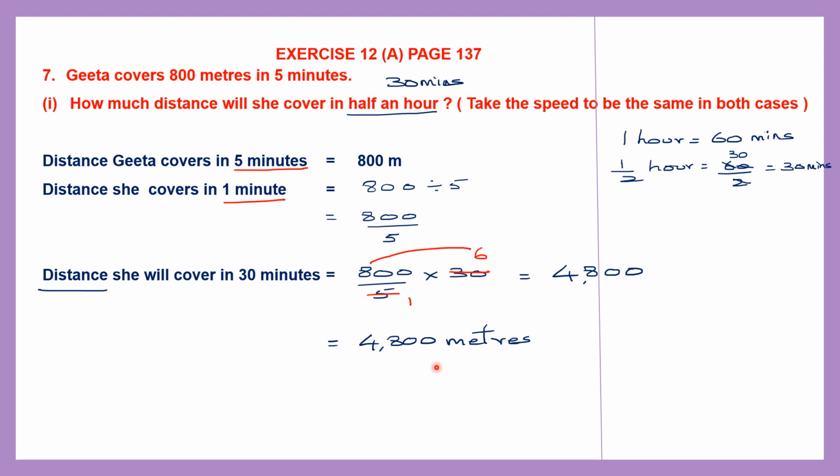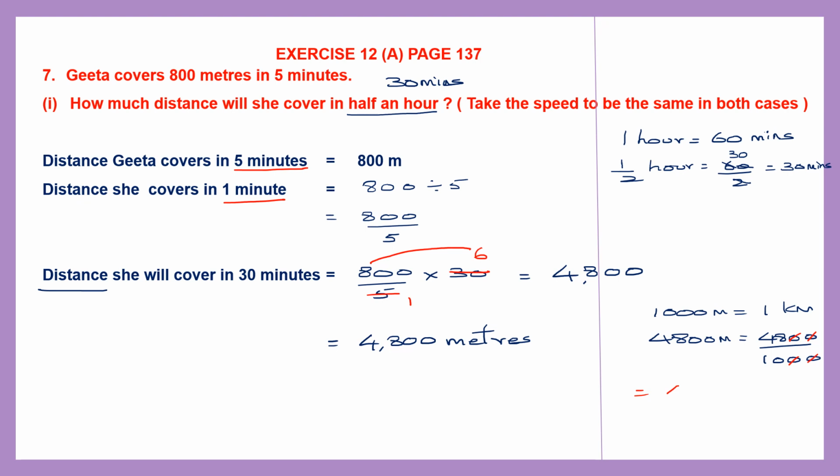Now, if we have to convert this to kilometers, we have to remember that 1000 meters make 1 kilometer. So 4,800 meters will be 4,800 divided by 1000. So you can cancel 2 zeros here and 2 zeros here.